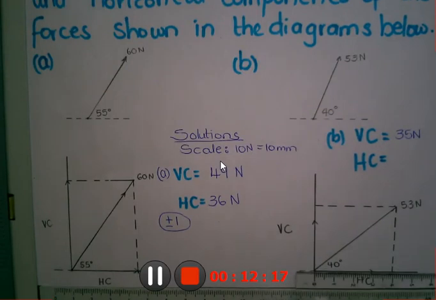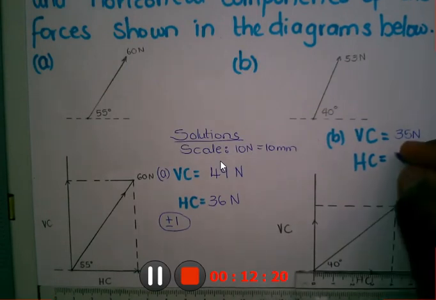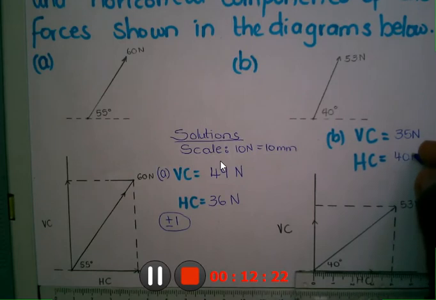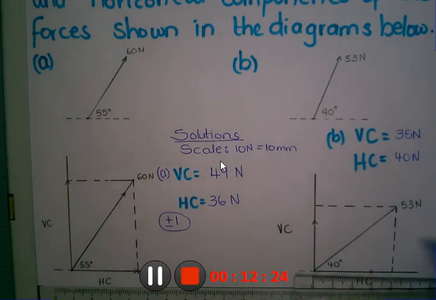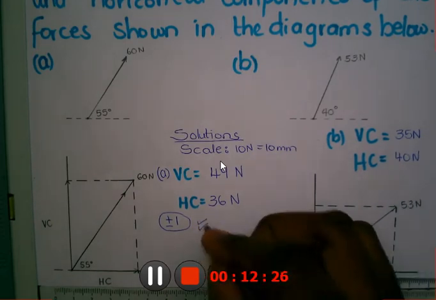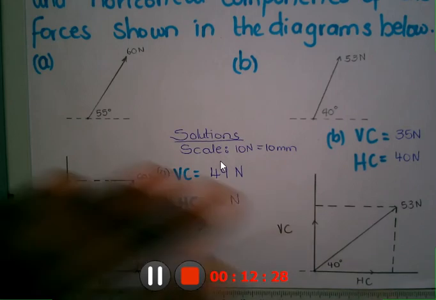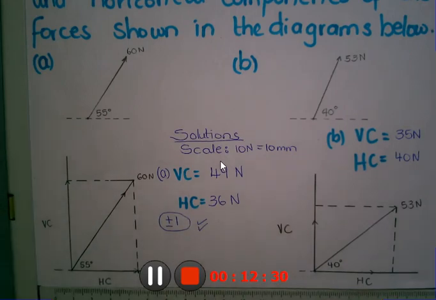My horizontal component of my AC is 40 newtons. And again we come to the accuracy or the range of plus minus 1. So this is how you do your diagrams. Remember these are vector diagrams and they are to scale. So this is how you construct them to determine your VC and your AC.